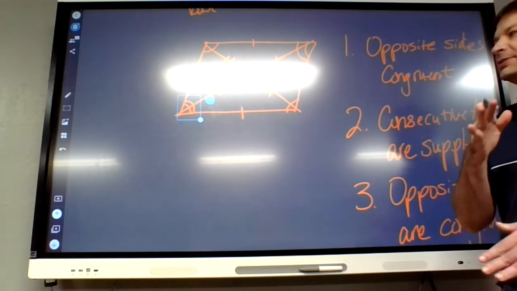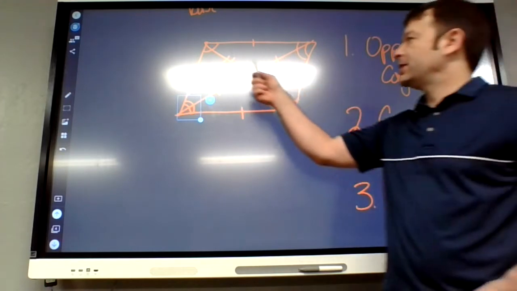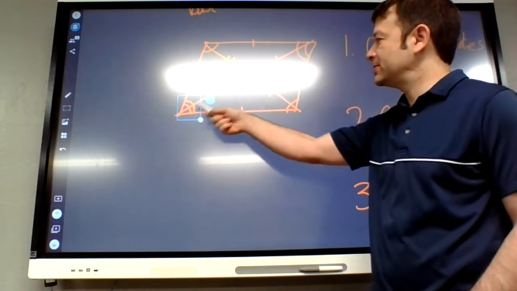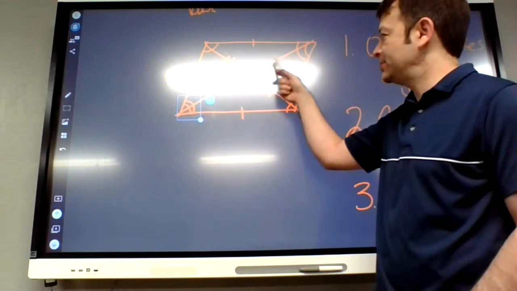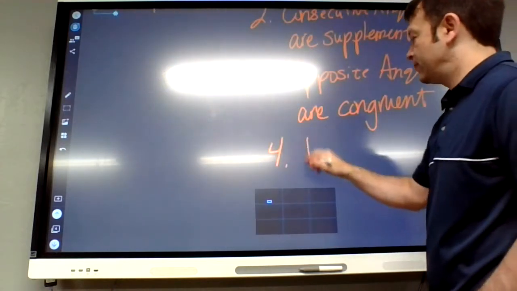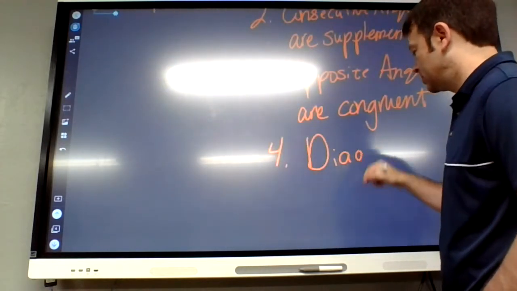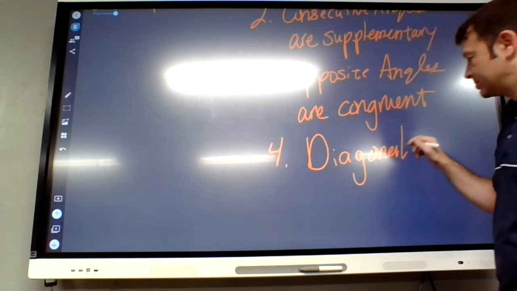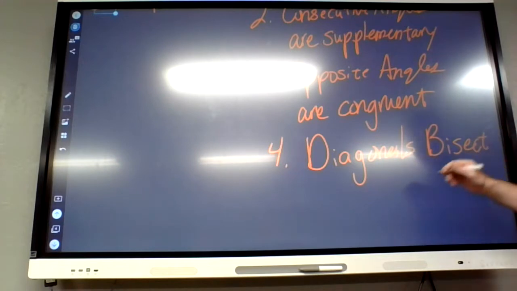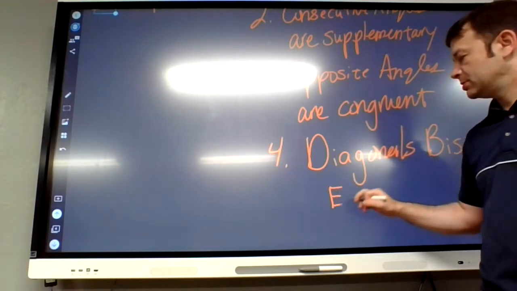You guys see what I'm saying here? This diagonal is cut in half by this diagonal, and this diagonal is cut in half by this diagonal. So these 2 are the same, and these 2 are the same. So rule number 4, diagonals bisect each other.